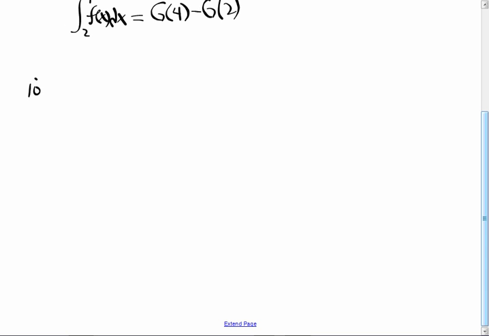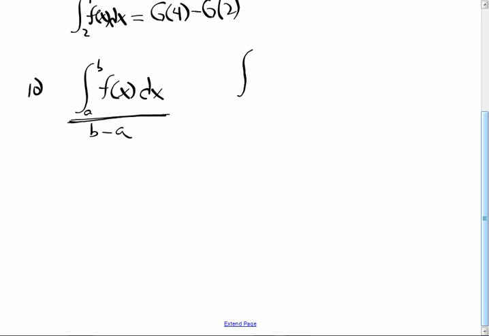How about 10? I want the average value of a function. Do you remember how to do that? You integrate the function divided by the width of the interval. So I'm going to integrate this one. Looking at the answers, I would say that this is a calculator problem. Make sure you are in radian mode.